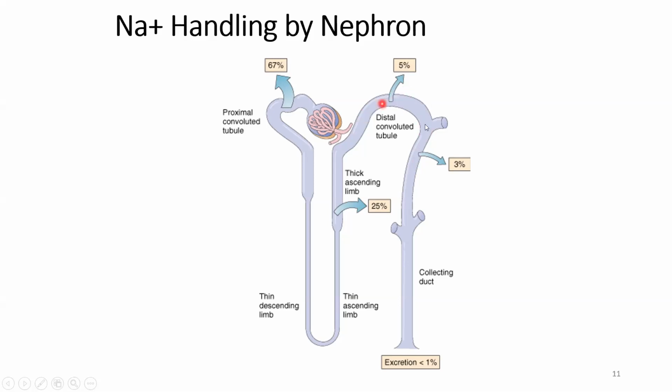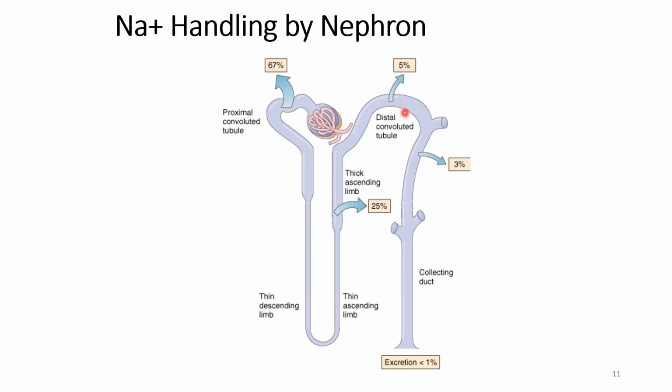This whole segment basically has two types of specialized cells: the principal cells and the alpha intercalated cells. Once again, there are specialized cells here, called principal cells, found only here, and alpha intercalated cells. Alpha intercalated cells are to do with potassium and hydrogen, and hence will not be today's topic.